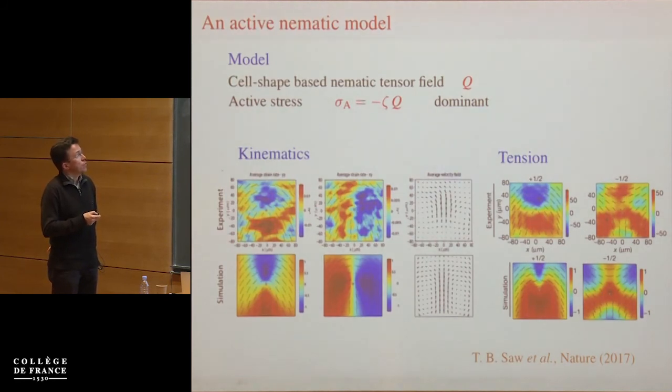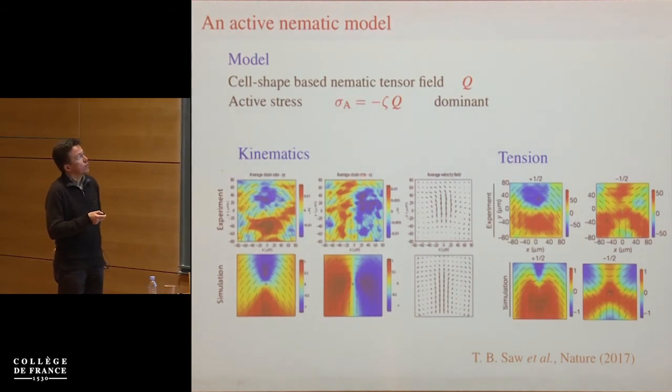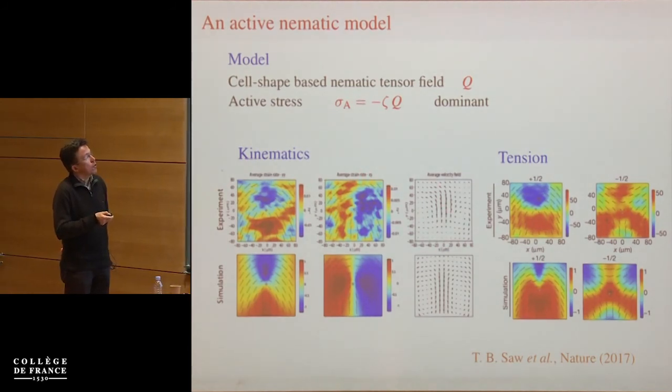So what you see here on the top are experimental data for the average strain rate close to defects, on which is superimposed the nematic director, for both the y component and xy, so shear strain rate. What you see here is the average velocity field, which goes towards the head of the defect. And what you see here is the tension field, average again, with blue color, so negative tension or positive pressure, close to the defect.